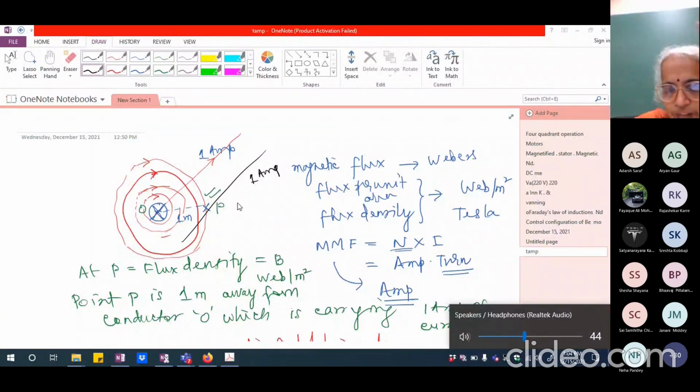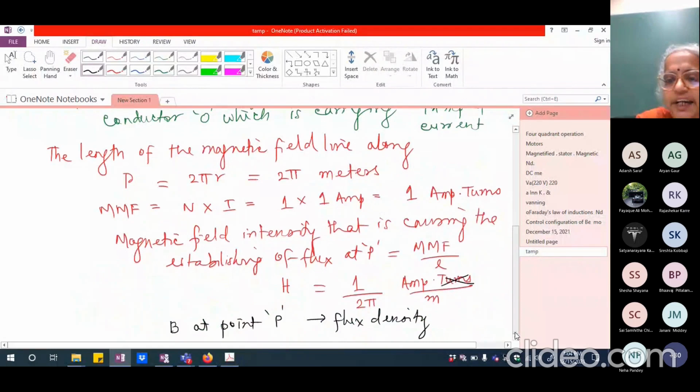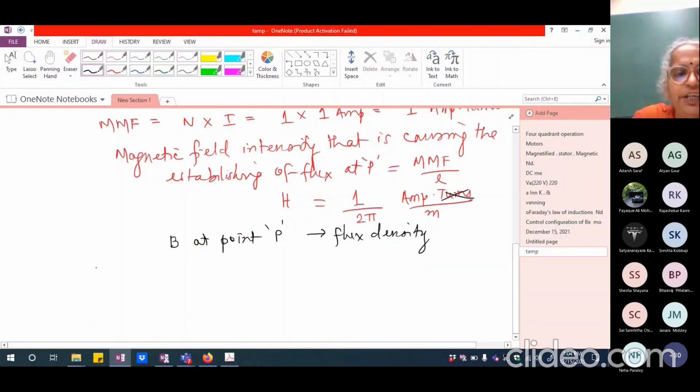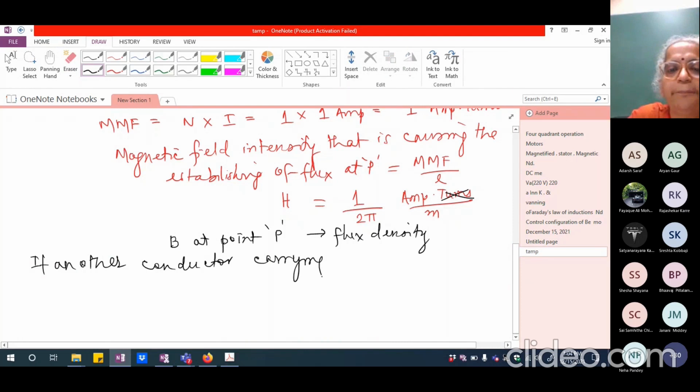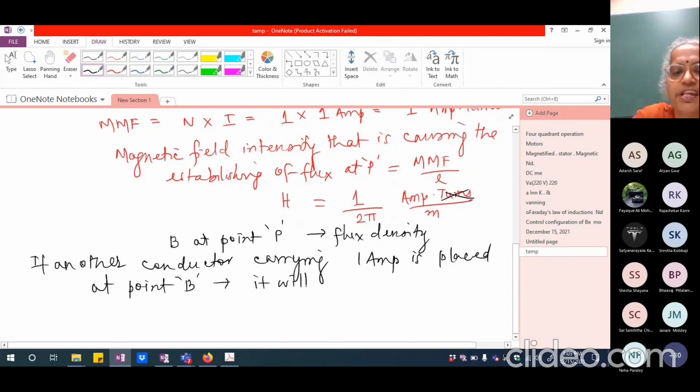All of you know that is how motoring action takes place. So the moment you have a current carrying conductor, another conductor carrying one ampere current, placed near or at point P, it will definitely experience a force.